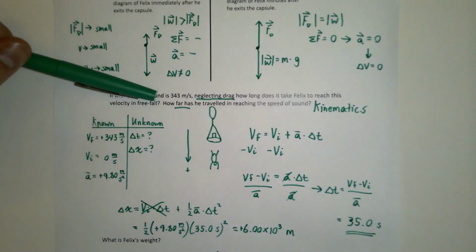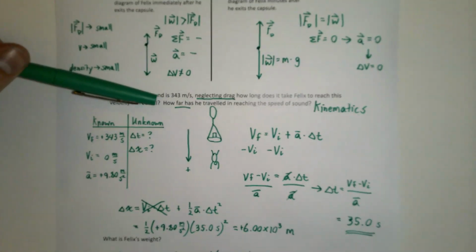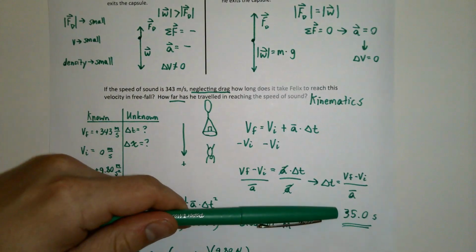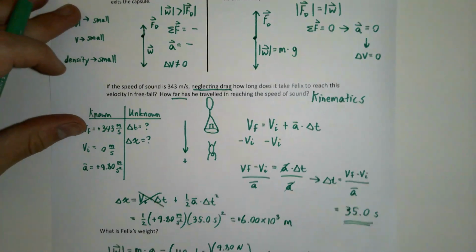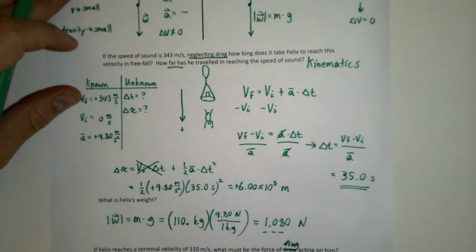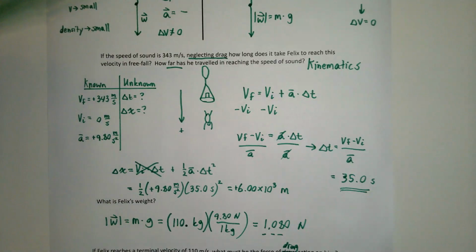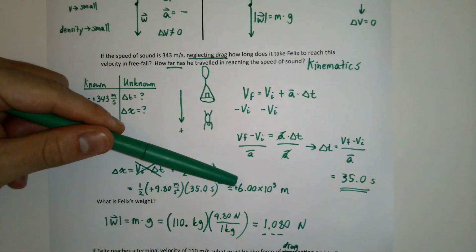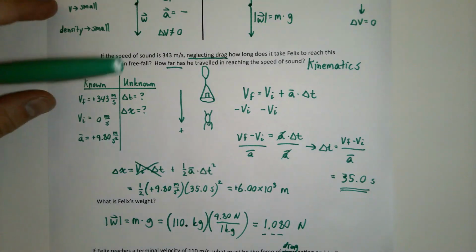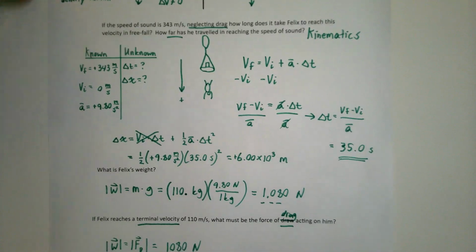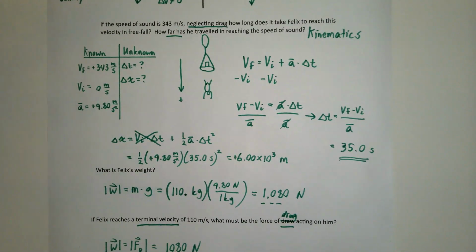Here we found that if we neglect drag, after falling for 35 seconds, he reached a final velocity of 343 meters per second, or the speed of sound. In reaching the speed of sound, he traveled a distance of 6,000 meters, or 6.00 times 10 to the 3 meters, or we could say 6 kilometers. His weight depends on his mass and the gravitational field he's in.